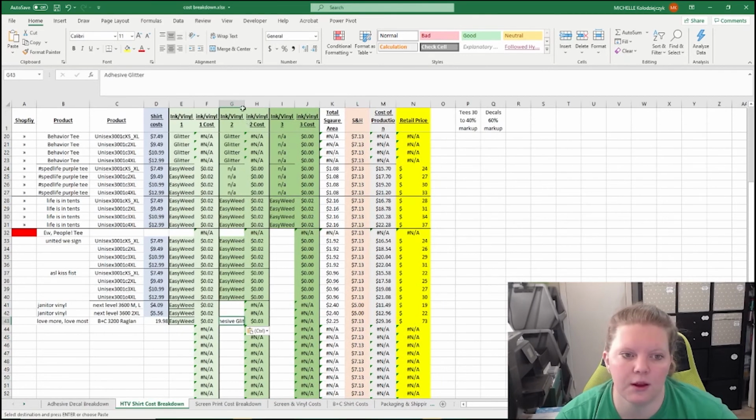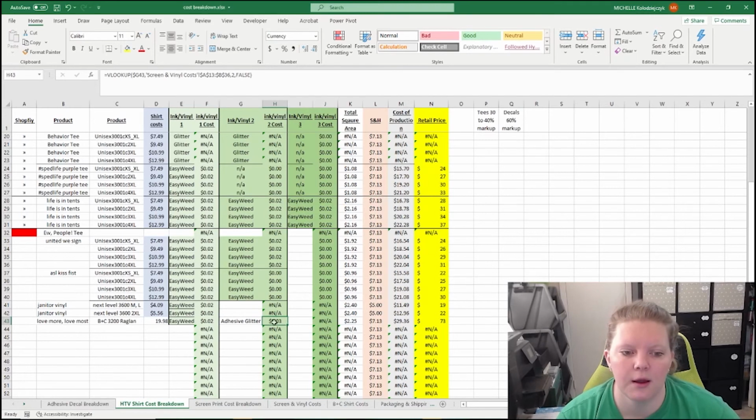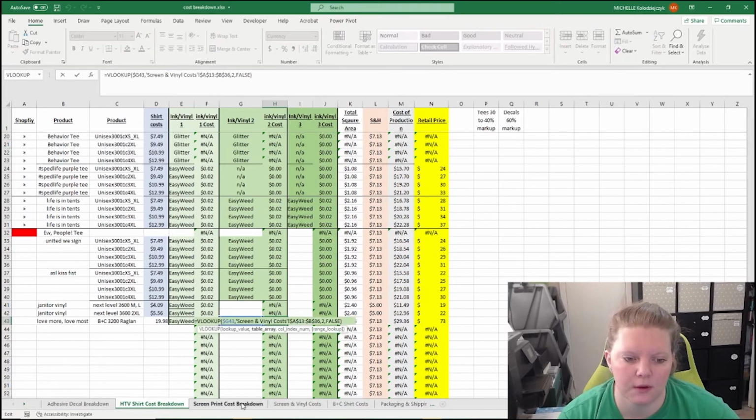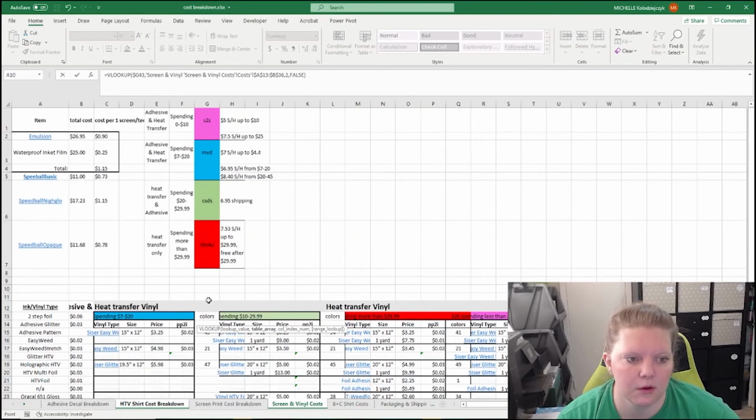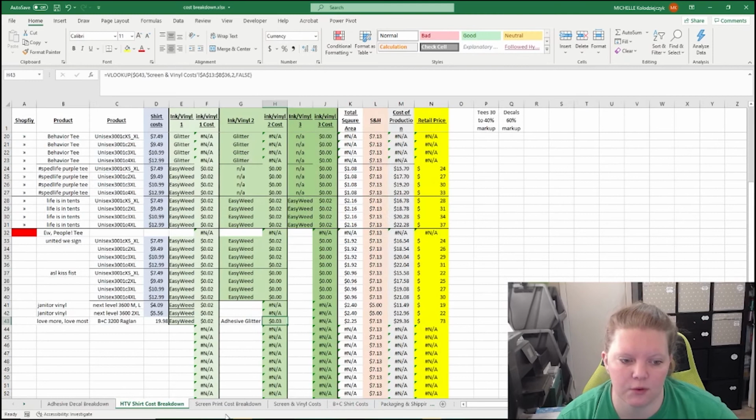And so look, it just did its fancy little searching thing. So it says, hey, look up adhesive glitter in this section A13 through B36, and match the corresponding price of 3 cents. So that's how it got there.